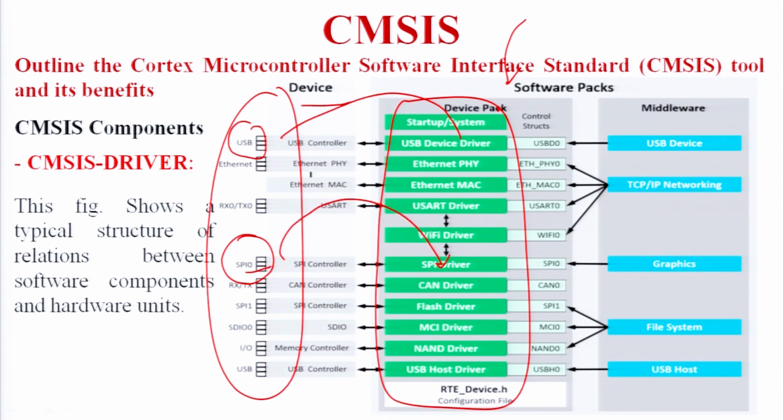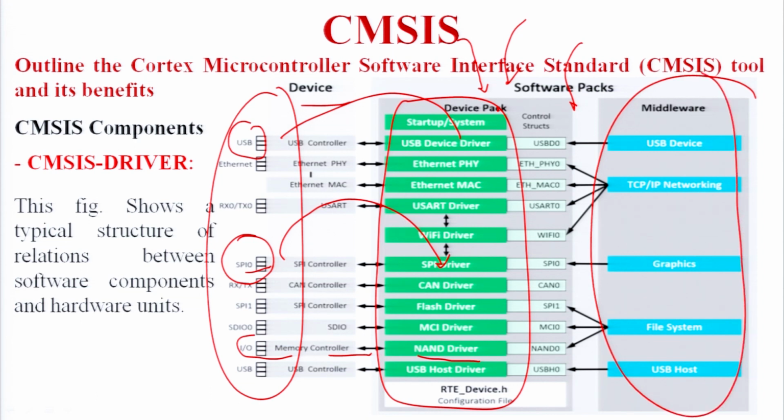So in CMSIS, there is a driver pack for all the peripherals independently. For example, if we are using the input output memory controller, it has a NAND driver and memory driver. It has control buses as well. In the middleware section, it has all the libraries available to access those drivers: USB device, TCP/IP networking, graphic, file system, USB host.